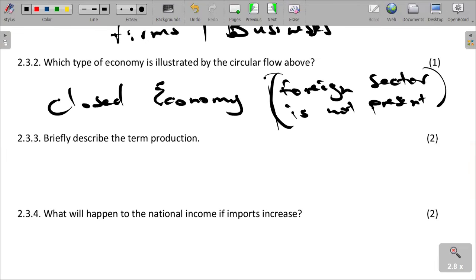Briefly describe the term production. Production refers to a process where an entrepreneur combines available resources and turns them into products.